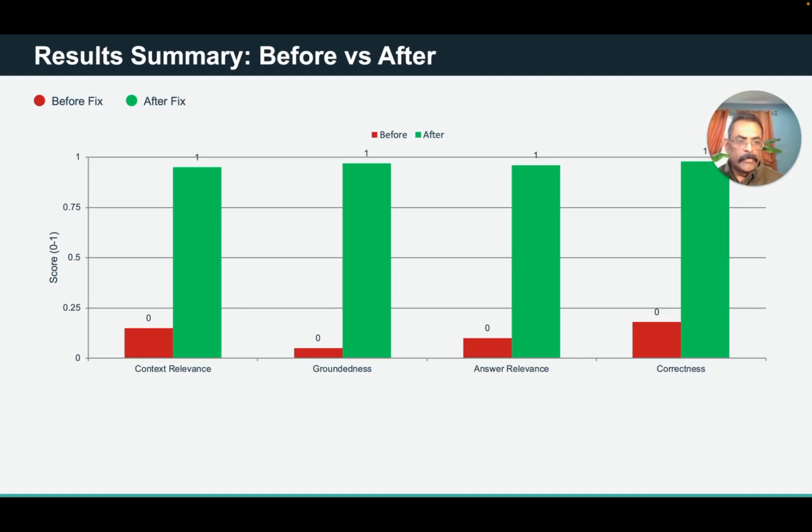So if you look at the before fix and after fix, you can improve the quality of your AI application. But again, very important: just because you build an AI application, you already have a prompt, you have a vector store. What if your vector store data was not loaded properly? What if the chunks are not done properly? What I mean is chunk size.